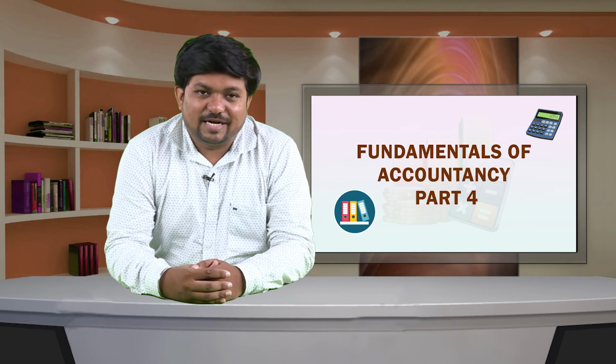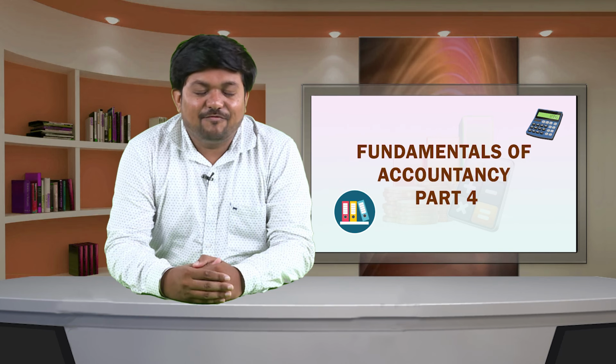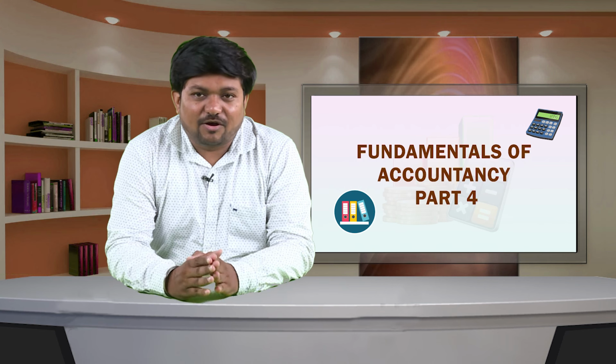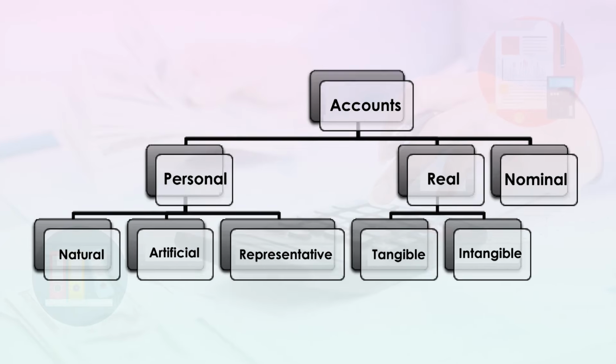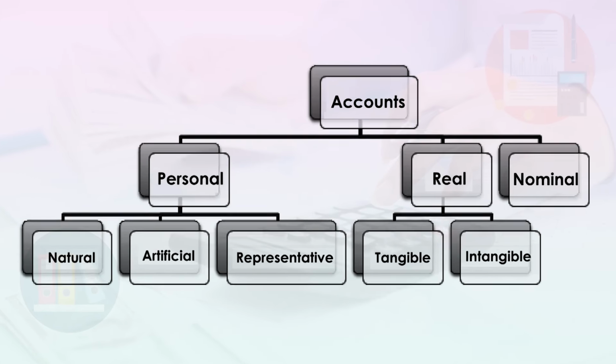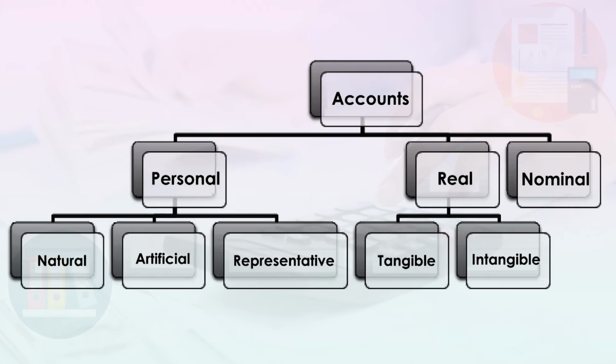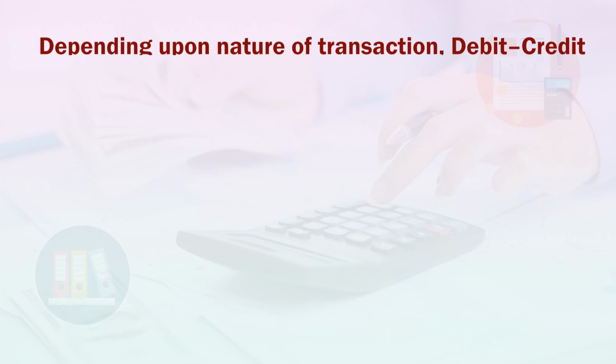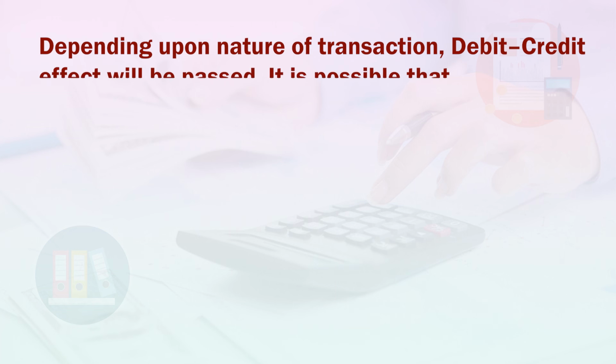We have seen that in the double entry system, every transaction has two folded accounting effects. For recording purpose, three types of account: personal account, real account and nominal account, and their debit credit rules are developed in accounting. Depending upon the nature of transaction, debit credit effect will be passed.